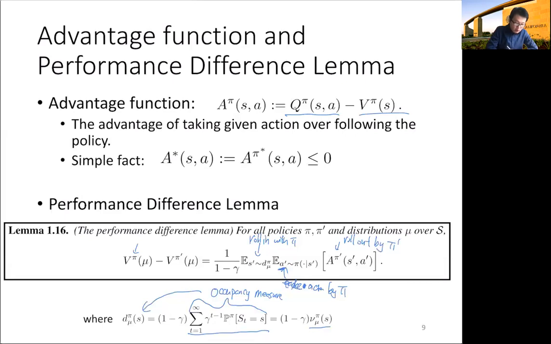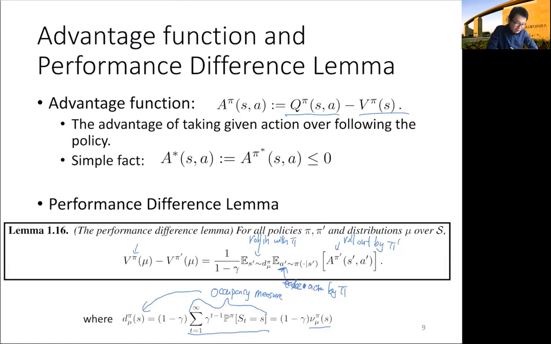So on the left side of the difference, you take this particular action according to pi, right? And for the terms that you subtract, you take this action already according to pi prime, right? So the performance difference lemma really quantifies the difference of the performance by saying that it is some average version of the advantage function, by taking the inner product of this advantage function with a particular probability measure, right?